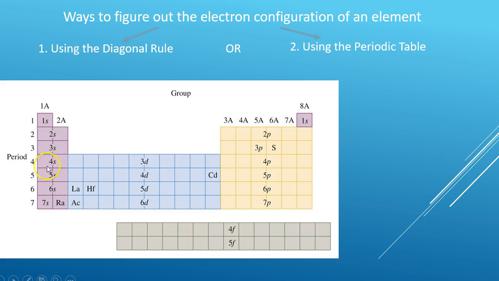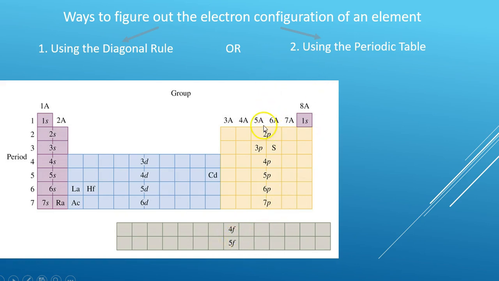Notice this is color-coded to represent the different blocks, the s, the p, the d, and the f block. It means electrons are being added to s orbitals, p orbitals, d or f orbitals. And the number of columns also represent the number of electrons. An s orbital holds 2 electrons, a p holds 6, so we have 6 columns, a d holds 10, we have 10 columns, and an f holds 14, so we have 14 columns.